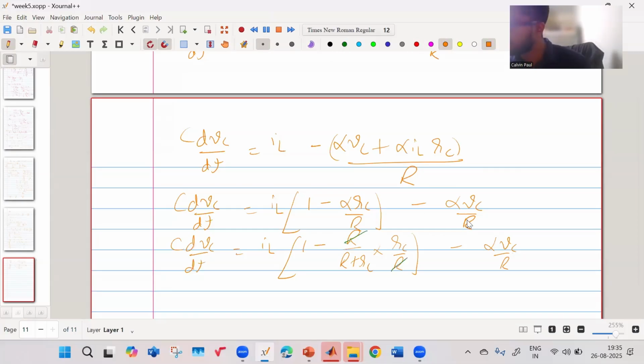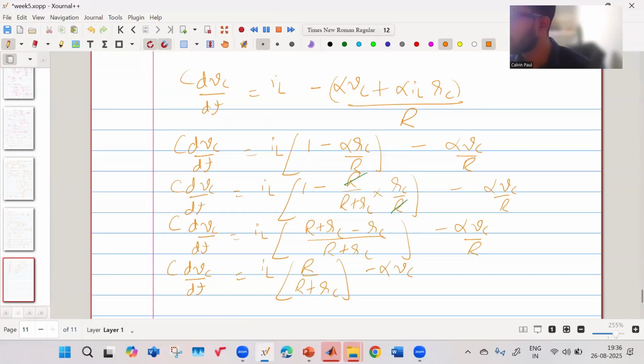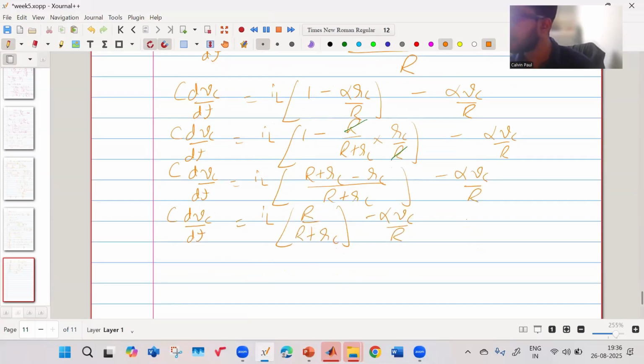So it becomes C dVC by dt is equal to IL into R plus RC minus RC upon R plus RC minus alpha VC upon R. So C dVC by dt, it is equal to IL into R upon R plus RC minus alpha VC upon R. So this is actually equal to your IL alpha minus alpha VC upon R. Okay.